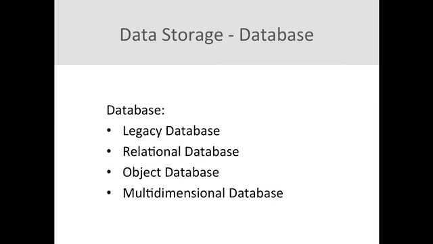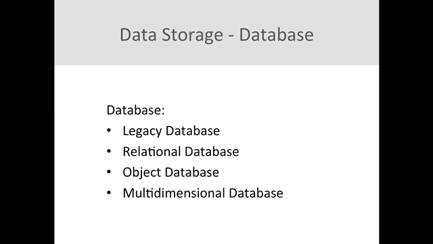Database files, these can be legacy databases, which would be typically older database formats that were used before relational databases. You see relational databases, we discussed that earlier just because of the importance of the underlying format for the current data processing systems. Object databases, these are relatively new. They are growing somewhat.